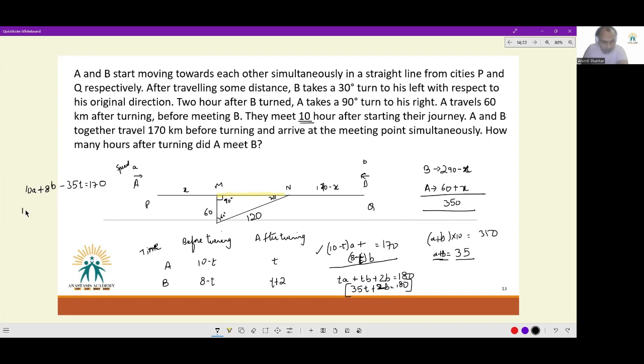So 10A plus 8B minus 180 minus 2B is equal to 170. No, but this is turning to 35 only. So this will not be minus 2B, it will be plus 2B. So this is not useful for us.